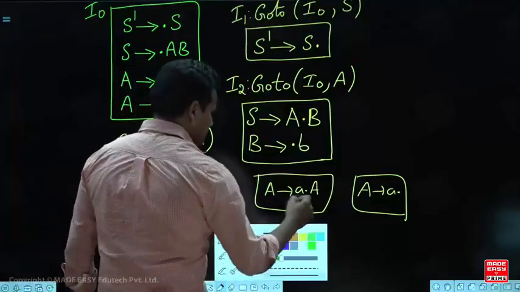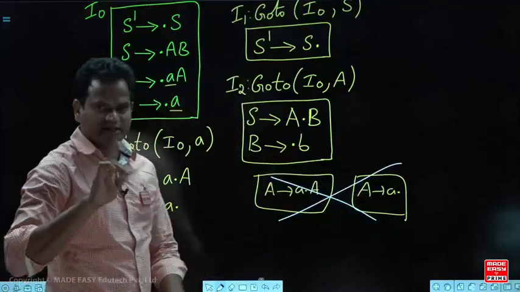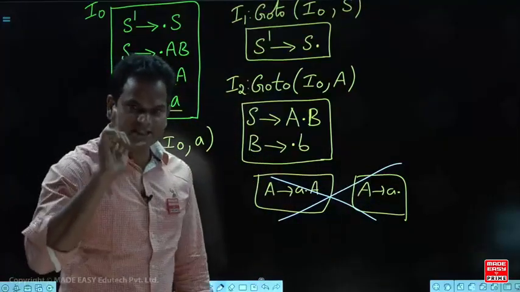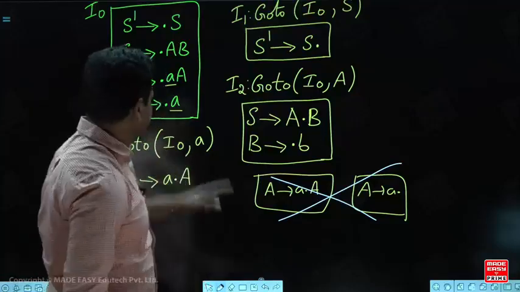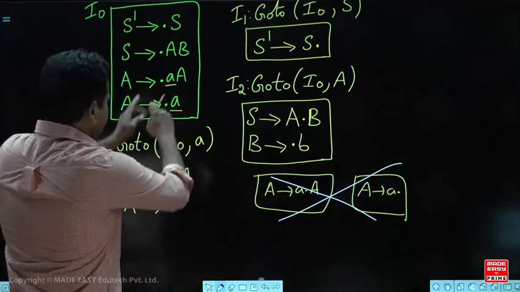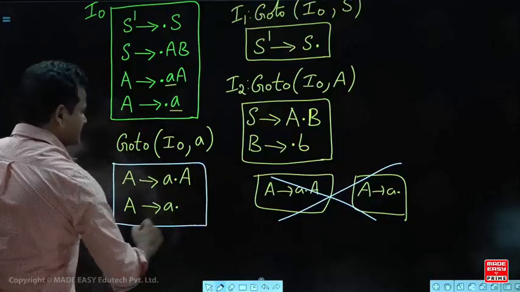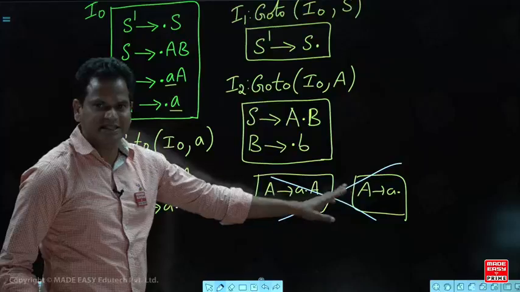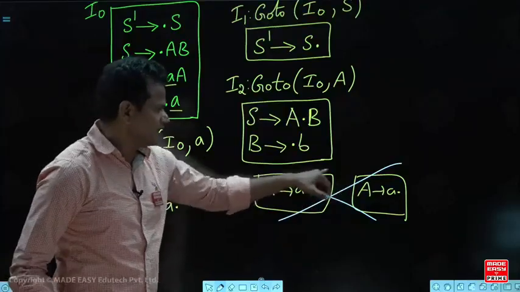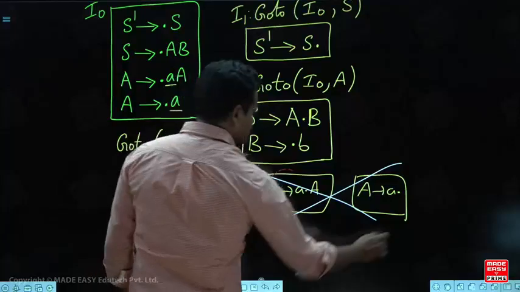It is not correct. Whenever a shift symbol is present multiple times, all these must go to a single state like this, but not separately like this. Because here and here the shift symbol is A. I think you understood this one.